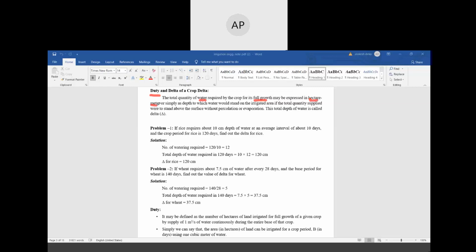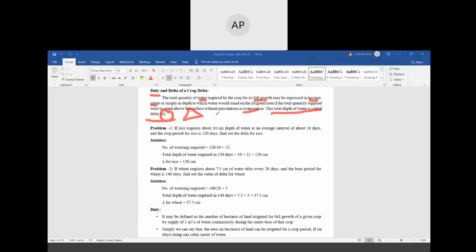Or simply as the depth of water required for the irrigated area if the total quantity supplied were to stand above the surface without percolation or evaporation. This total depth of water is called delta, and delta is denoted by this delta symbol.